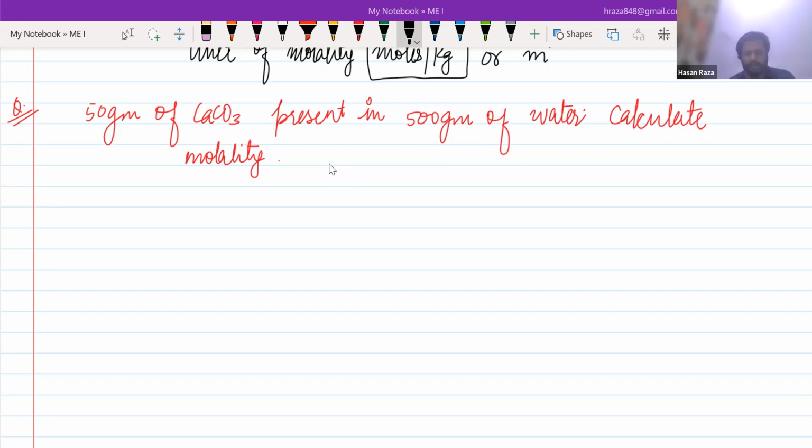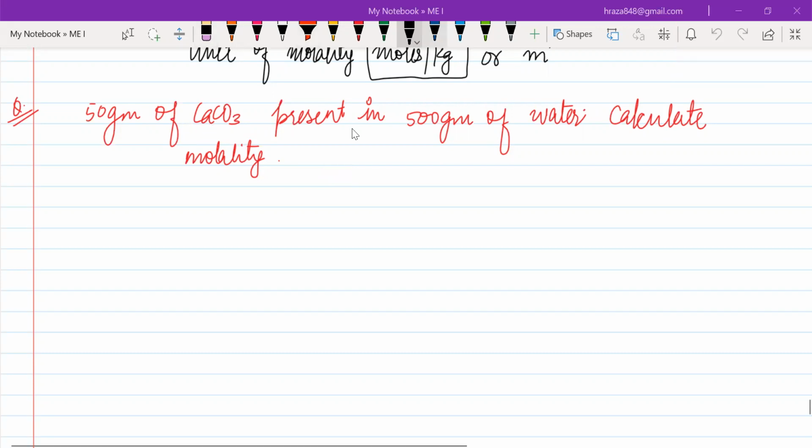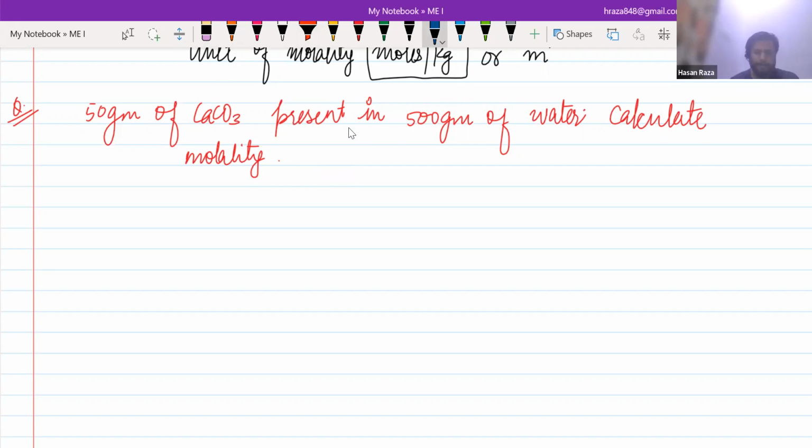Okay, it's very easy. Molarity is one. 0.5 is the moles.